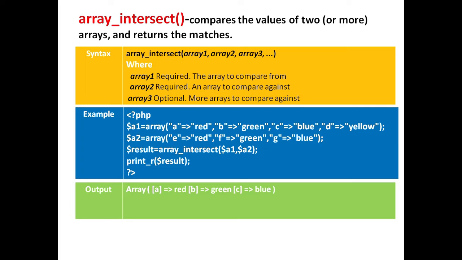Next is array_intersect, which compares the values of two arrays and returns the matches. General syntax is array_intersect array 1, array 2 and array 3, where array 1 is the array to compare from, array 2 is an array to compare against, and array 3 is optional.